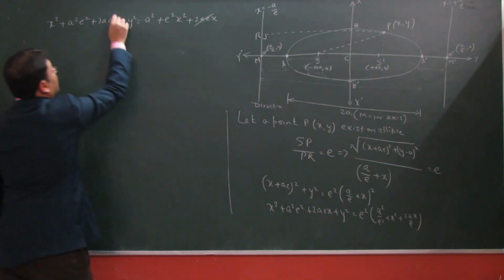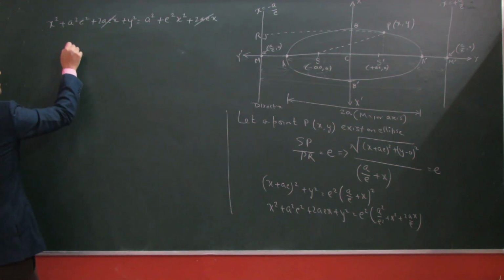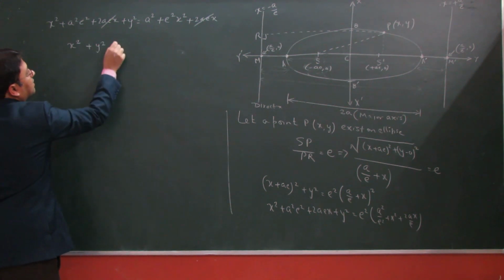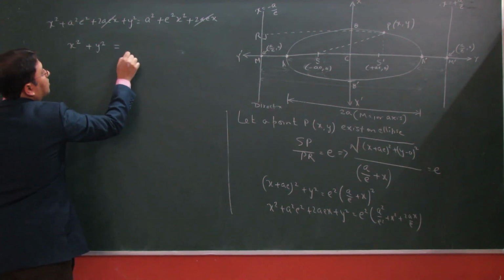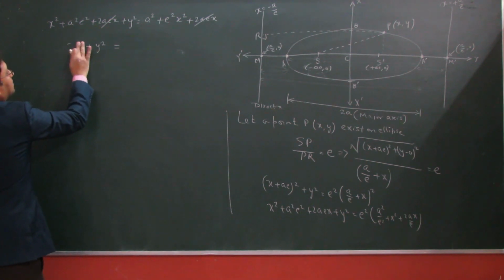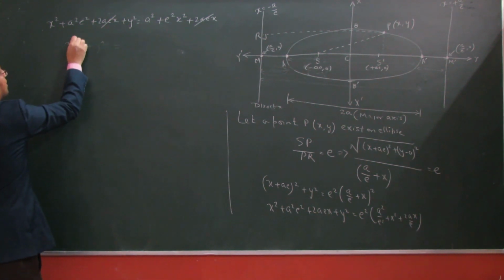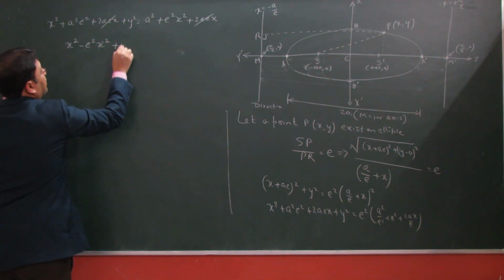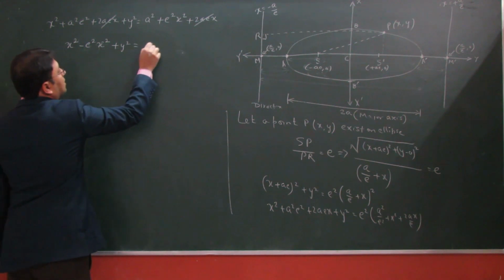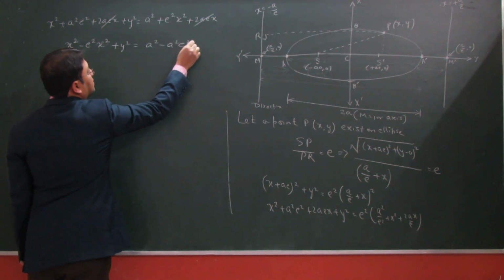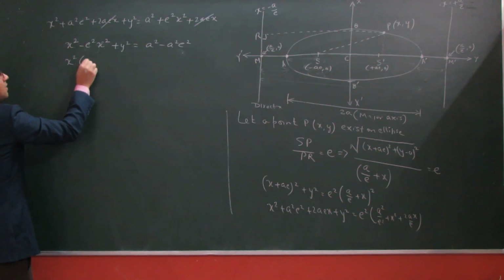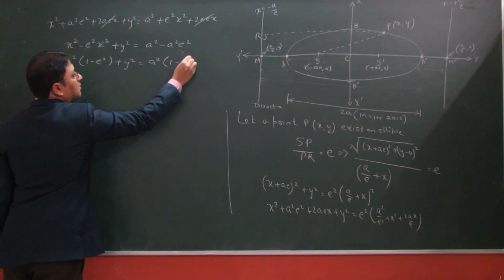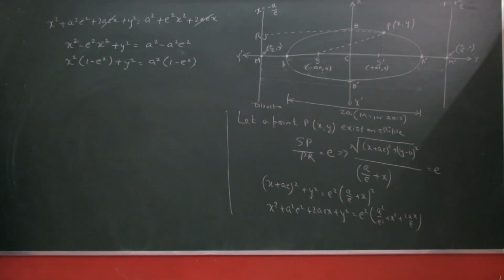This 2AEx gets cancelled and we get x square minus E square x square plus y square equals A square minus A square E square. This is what we get after simplifying.